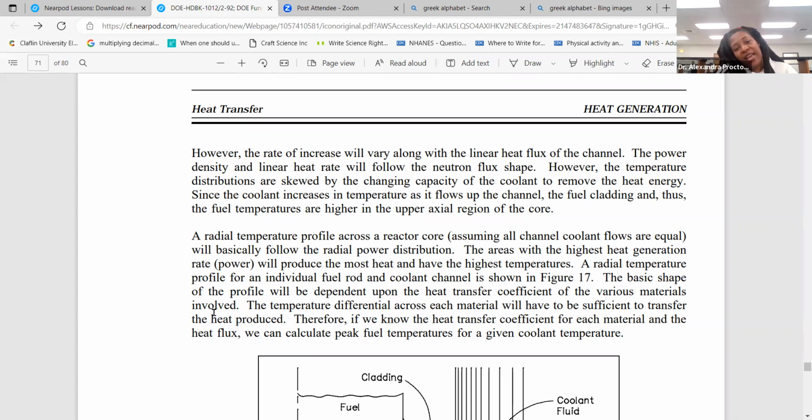The basic shape of the profile will be dependent upon the heat transfer coefficient of the various materials involved, and the temperature drop across each material will have to be sufficient to transfer the heat that is produced. Therefore, if we know the heat transfer coefficient for each material and the heat flux, we can calculate the fuel temperatures for a given coolant.